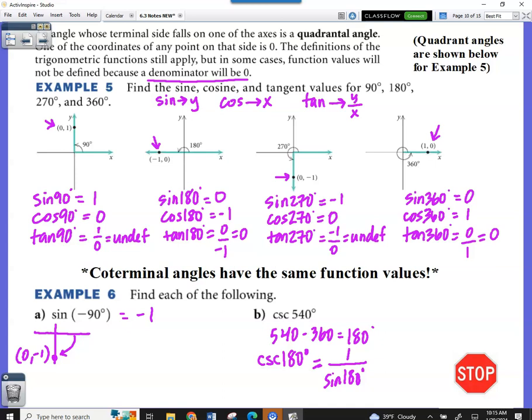I know where 180 is. 180 opens up and lands on the x-axis. So think of your coordinate points. It's opening up, landing here. That would be left 1 and then 0. So what's the y coordinate there? 0. Now watch, that 1 just carries over. This becomes 1 over 0, and that is undefined.